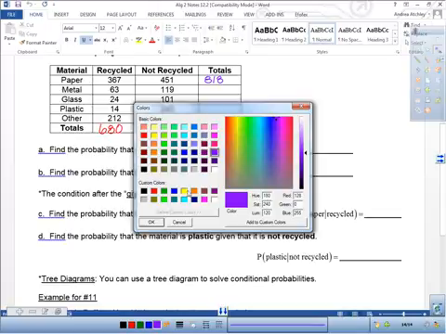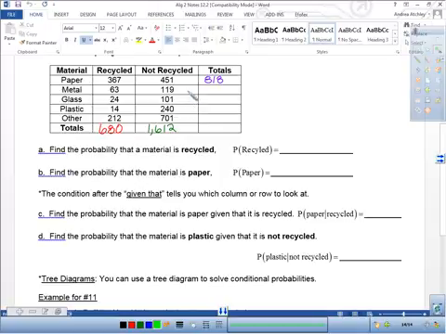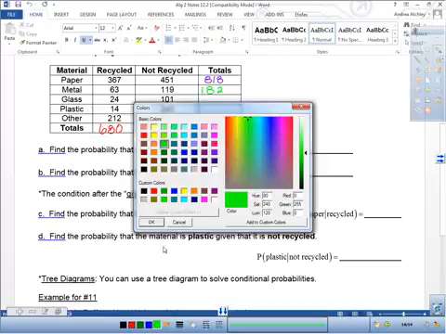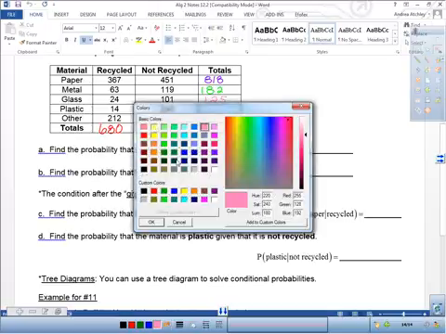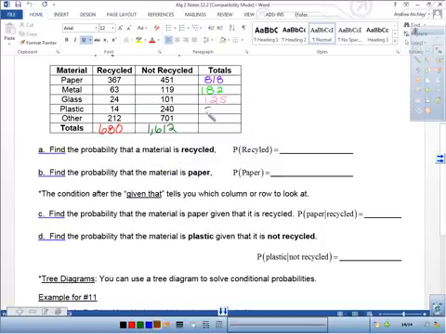Let's get some more colors. This should be 180. Oh, it's hard to read. This should be 125. Okay, this is going to be 254.